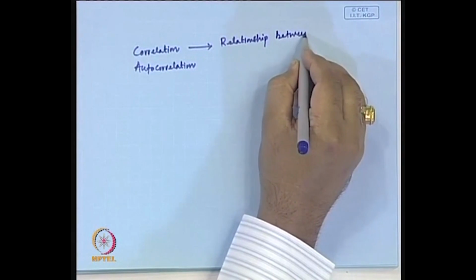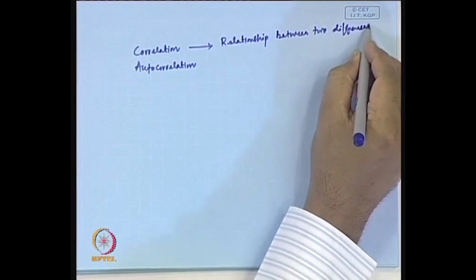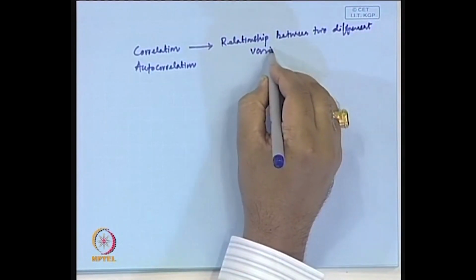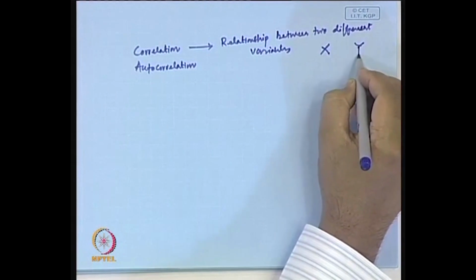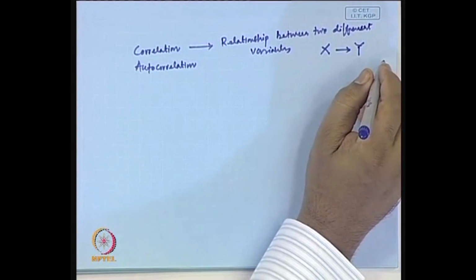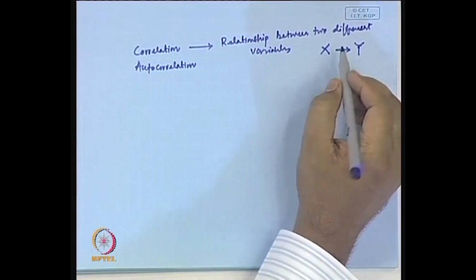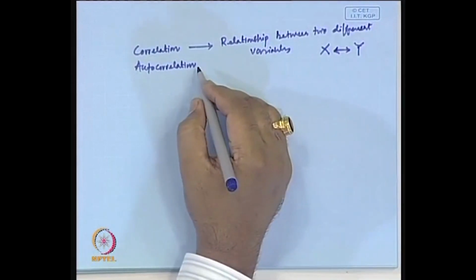If one variable is x and another variable is y, whether y is related to x or x is related to y is tested using the correlation test.